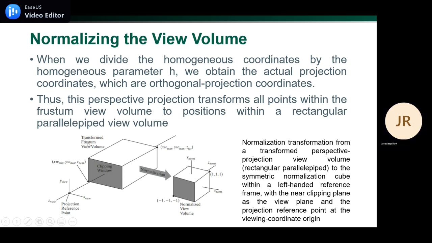This is the frustum view volume, and it is transformed into the normalized view volume. When we divide the homogeneous coordinates by the homogeneous parameter h, we obtain the orthogonal projection coordinates, and the figure shows the normalization transformation from a transformed perspective projection view volume to the symmetric normalized cube.